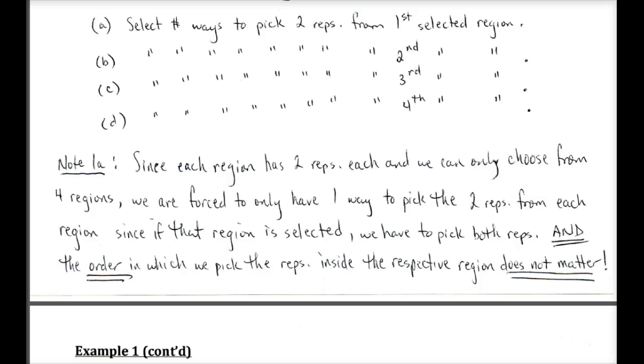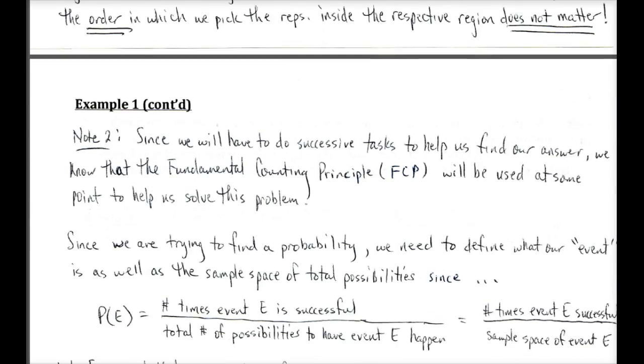Okay, or we pick Carly first and then Bob. At the end of the day, both have to be picked. And since this is not a permutation type problem where order matters, that is why there's only one way to pick them. You just grab them both and say, go to the training program. Okay. All right, so moving on here.